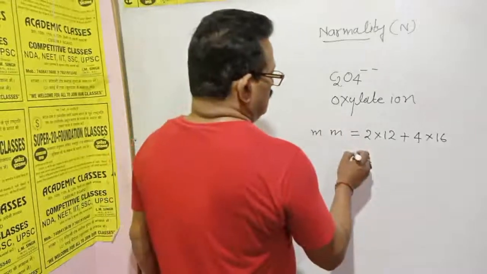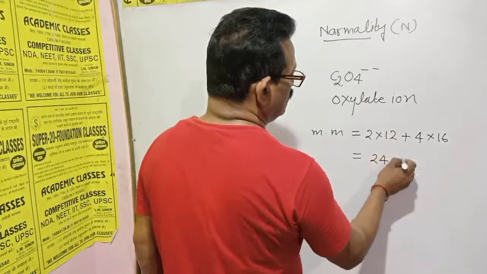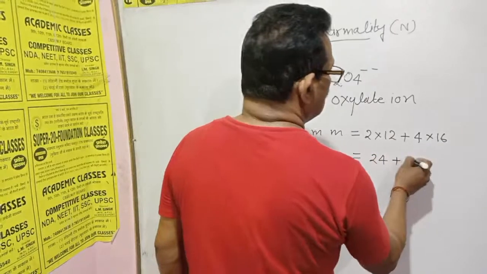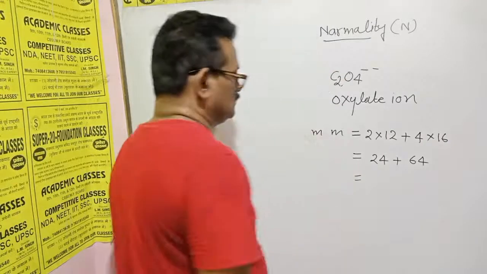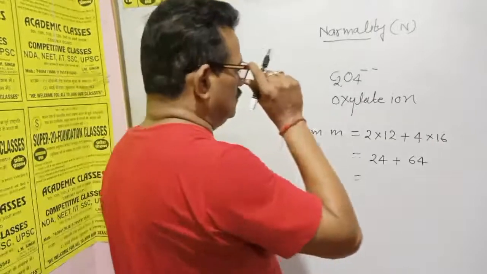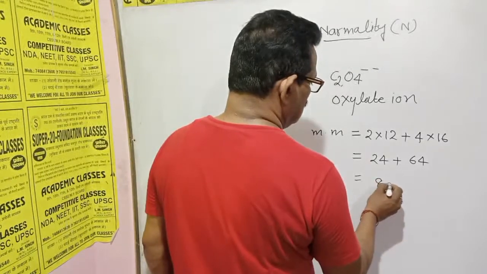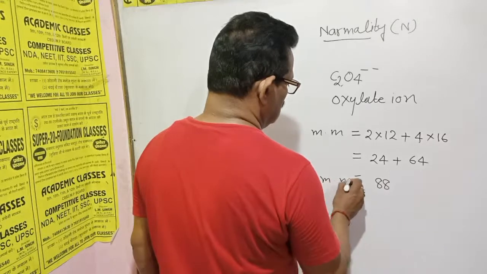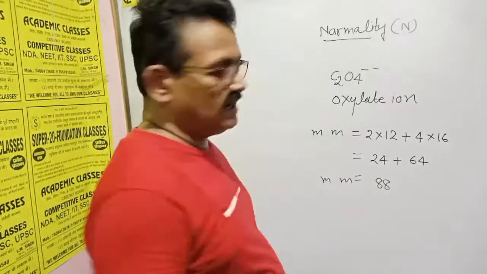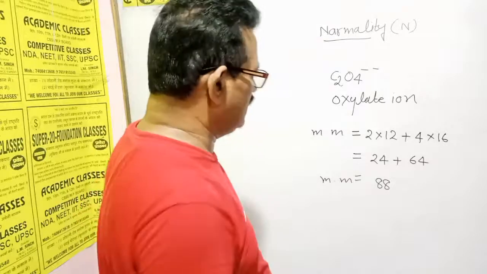Then adding both, 24 plus 64, gives 88. 88 is the molar mass of oxalate ion.